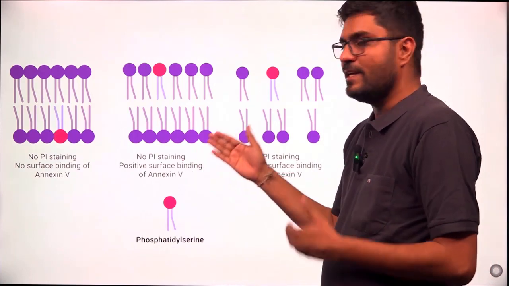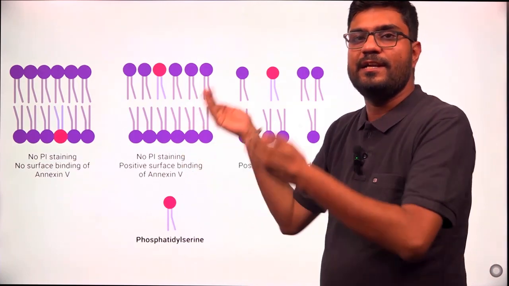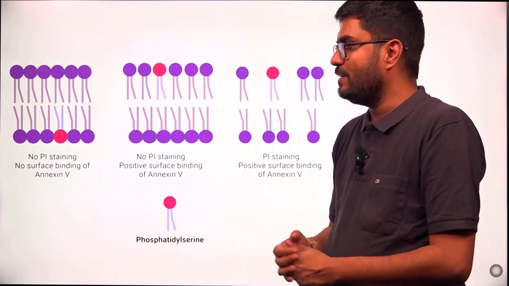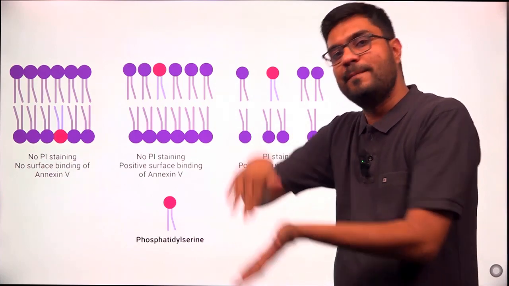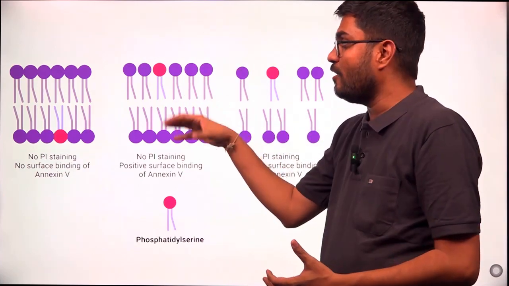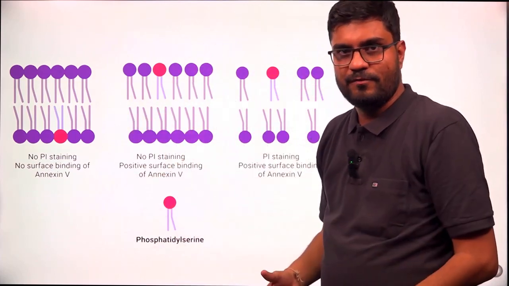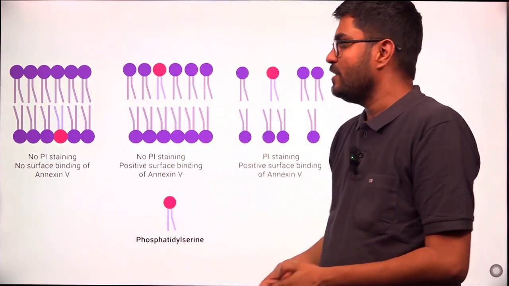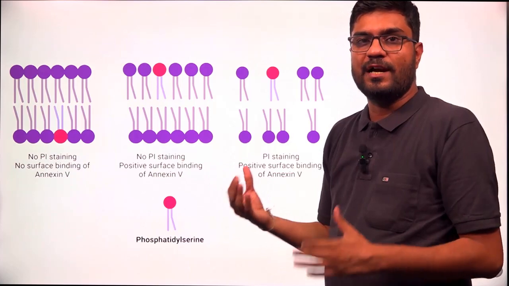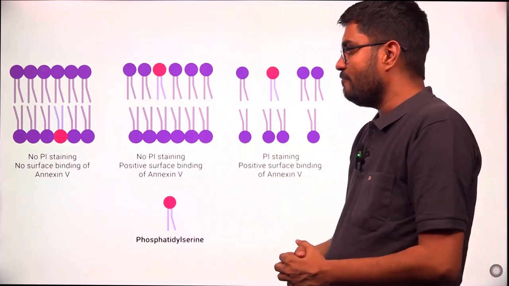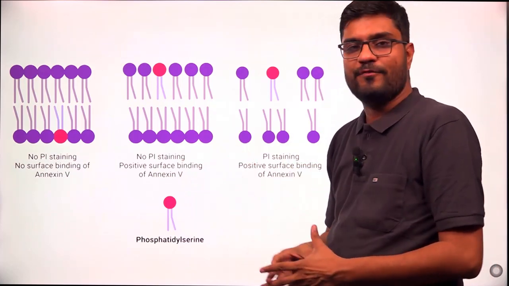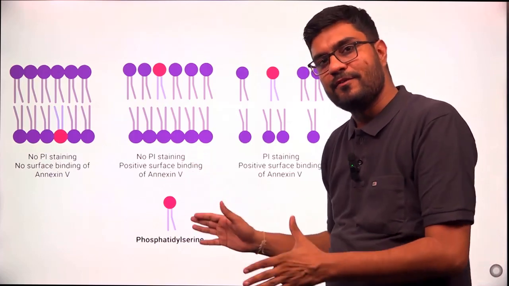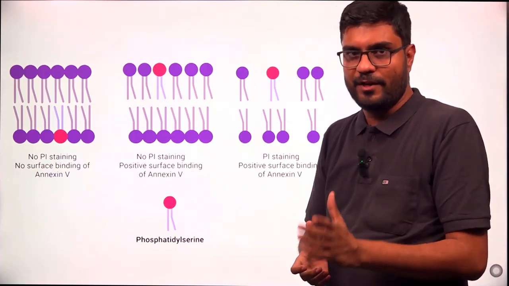Because the phosphatidylserine, which was present in the inner leaflet of the cell membrane in healthy cells, is now flipped and came out, and now it is exposed for the binding of Annexin-V. So the cells which are in early apoptosis will be positive for the binding of Annexin-V and will be negative for the staining of propidium iodide.